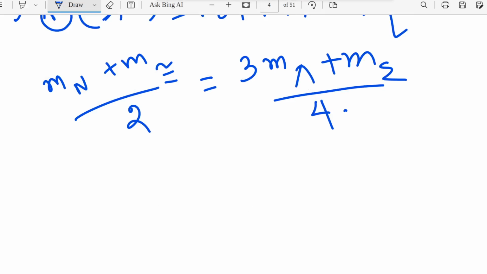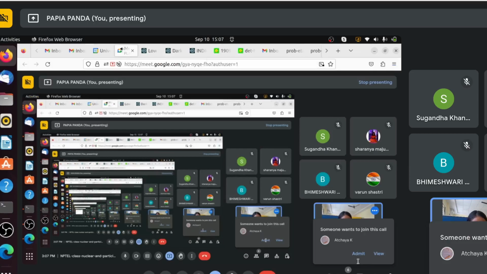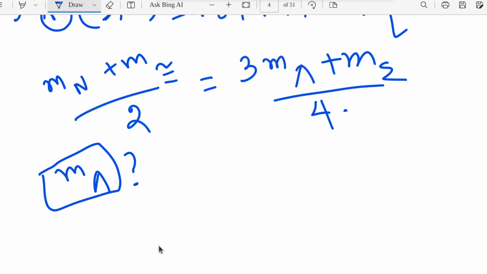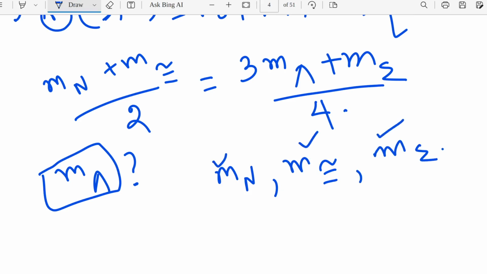They are asking about the mass of lambda, that means M lambda. What will be the M lambda value? In that question they have mentioned Mn, M xi, and M sigma. So by putting the Mn, M xi and M sigma values in that expression, we can get the expression for M lambda. That is very simple.